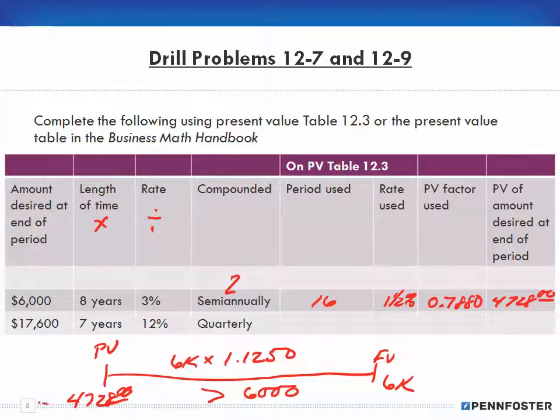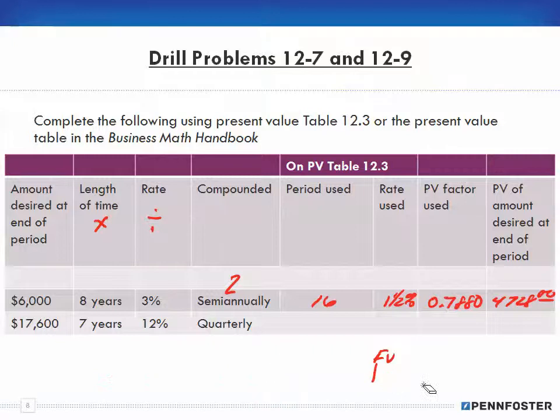So how could it be more than $6,000 as a present value and only be $6,000 when you get into the future if you're collecting interest? It can't be. So you know you're using the wrong table. Just keep this in the back of your mind when you're doing the problems.